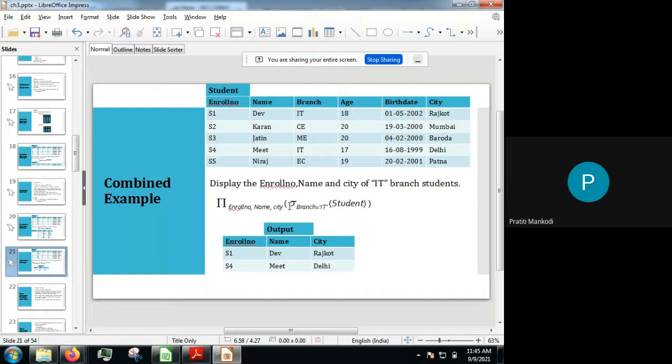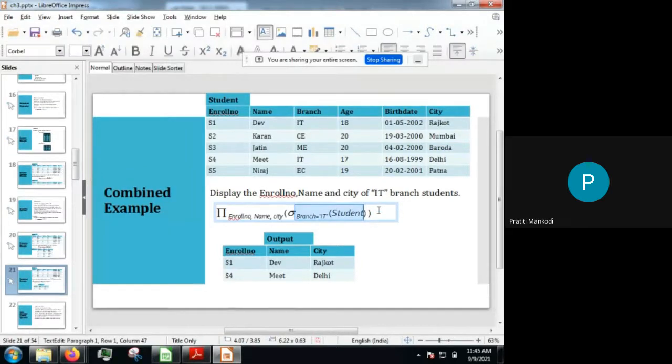Let us take this condition only right now. I am applying selection first and then projection. So what will be retrieved here? It will retrieve all the rows having branch IT, the entire row.